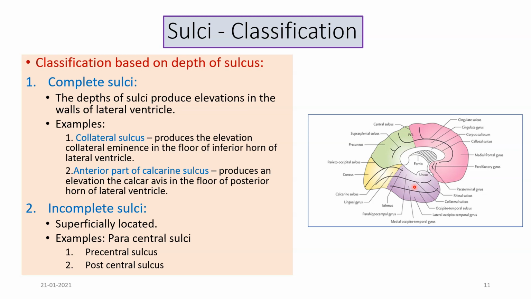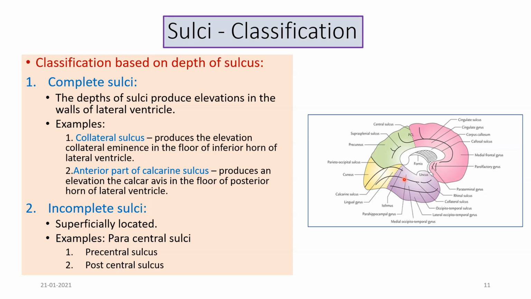Then the other example is the anterior part of calcarine sulcus that will produce an elevation known as the calcar avis in the floor of posterior horn of the lateral ventricle, which is located in the occipital lobe. So it produces the elevation calcar avis.